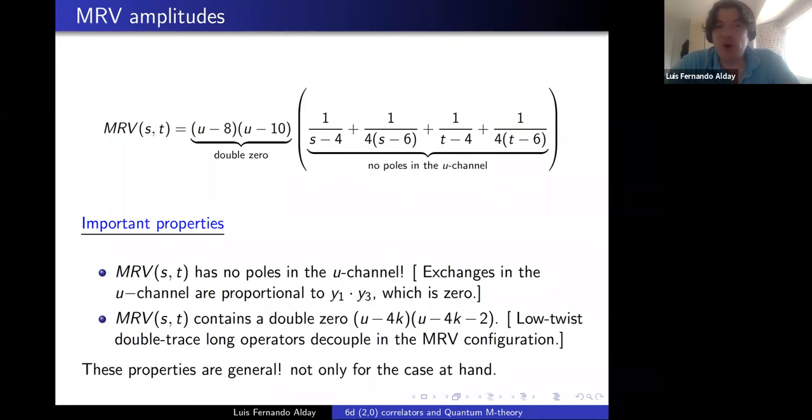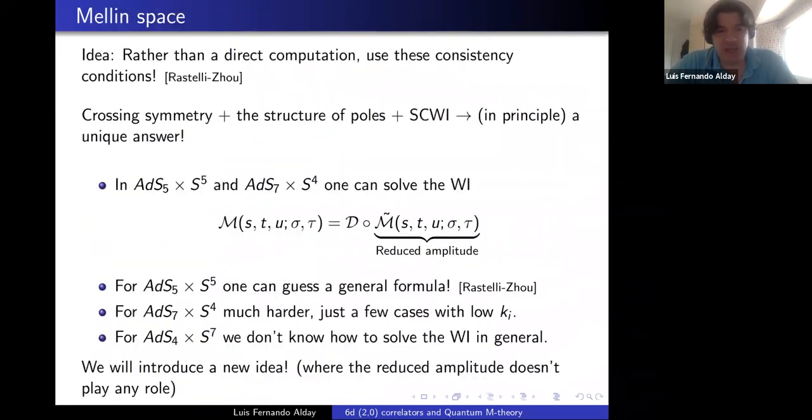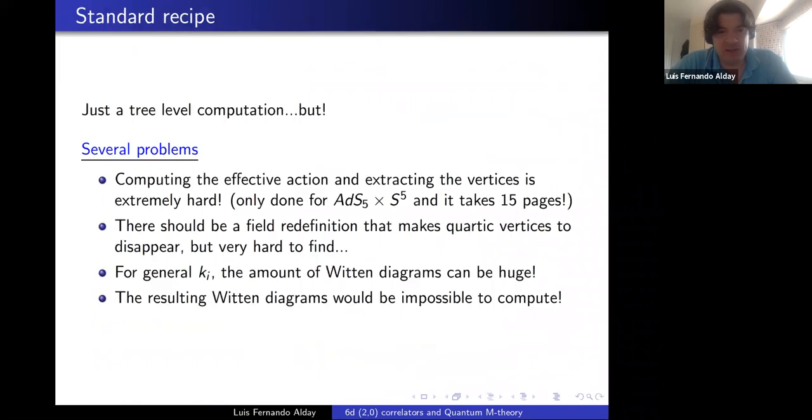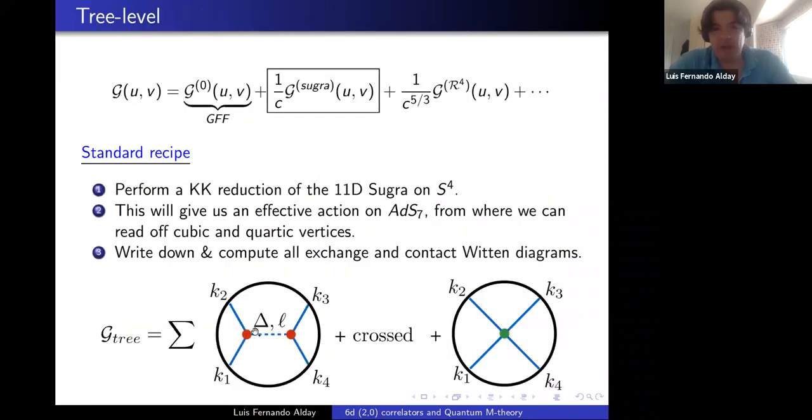So even if you want to write down this Witten diagram, exchanging a field of spin 2, you need to know what the cubic coupling is. This requirement in the MRV limit fixes all the couplings just in terms of the scalar cubic coupling. And in addition, we have found a way where these contact diagrams are not there.